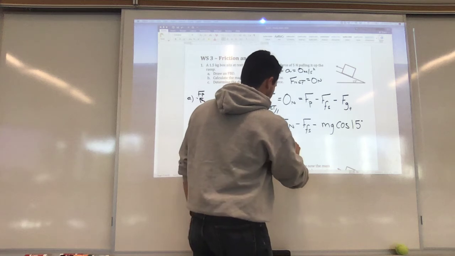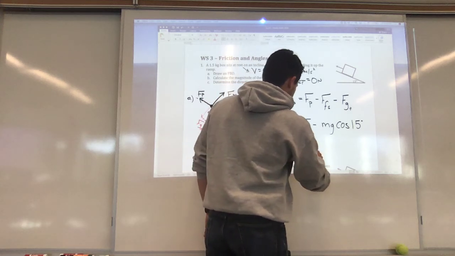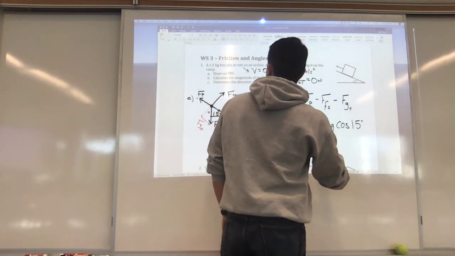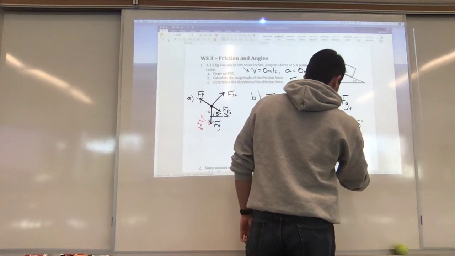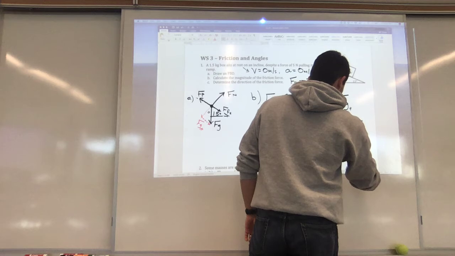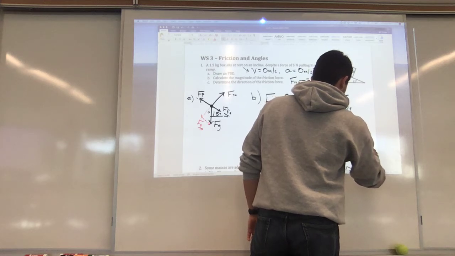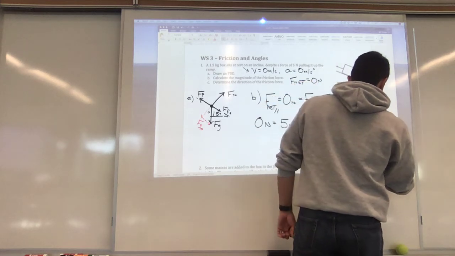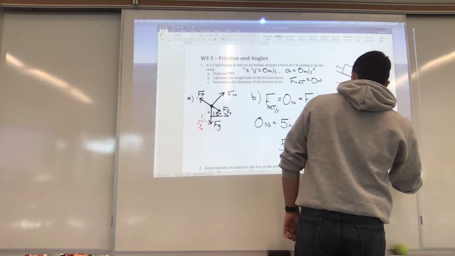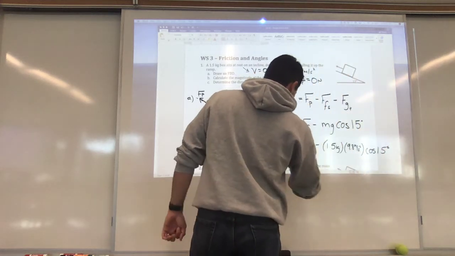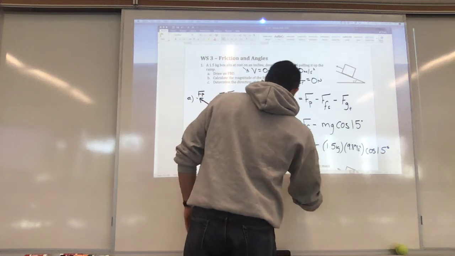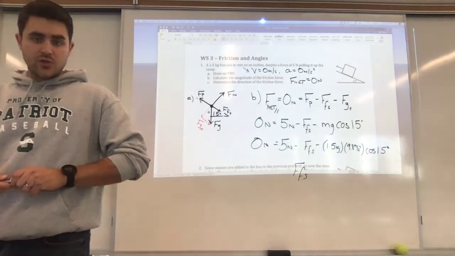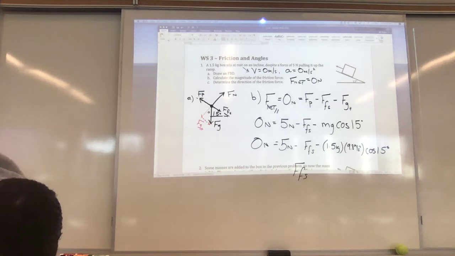Let's keep working through our algebra. 5 newtons minus the force of friction static minus 1.5 kilograms times 9.8 meters per second squared times cosine of 15 degrees equals 0 newtons. I'll grab my calculator, you grab yours, you do a little algebra, and I'm going to jump right to the solution.